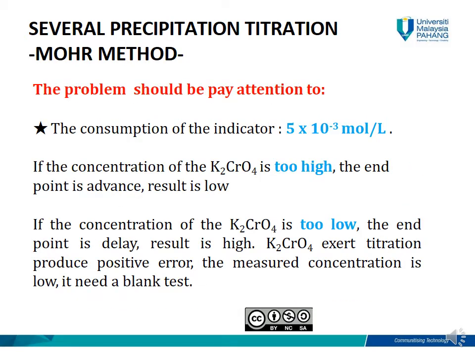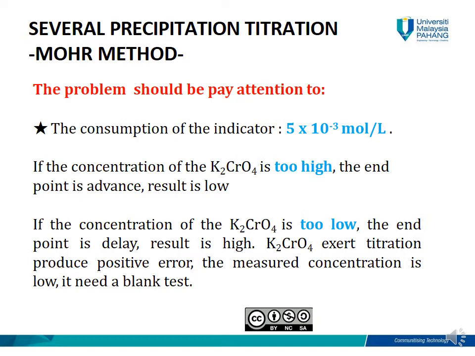Okay, another problem that we need to consider when we apply the Mohr method is the concentration of indicator, which must be at least 5 millimole per liter. This is because when the concentration of indicator is too high, the endpoint will be advanced and the result will be low.